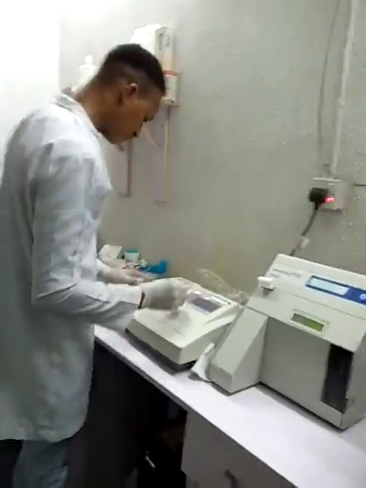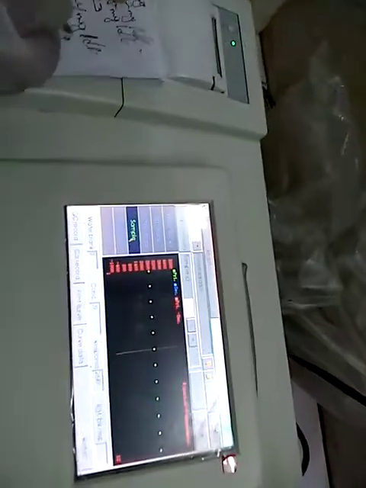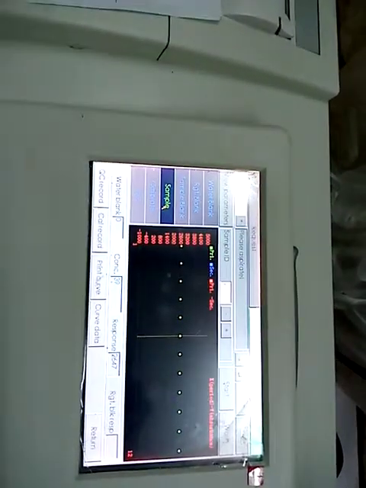So my HDL cholesterol is 39 milligram per dl.